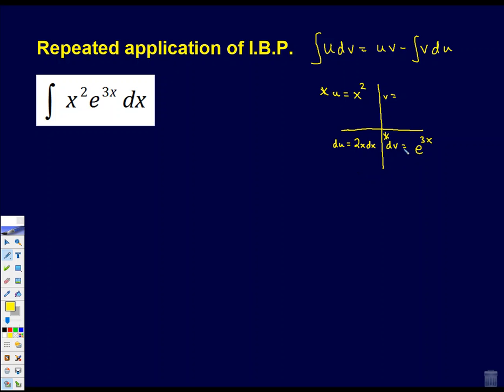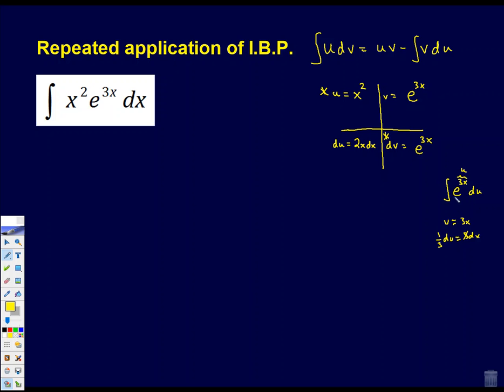Now, if dv is e to the 3x, be careful here. The antiderivative is more than just e to the 3x, because if I were doing this integral just on its own, think about this for a minute. You really want to think of this integral as e to the u. I know we're using u a couple different times here, but if this were e to the u, you would have to write out u equals 3x. du is actually 3 dx, and we would end up putting 1/3 on du.